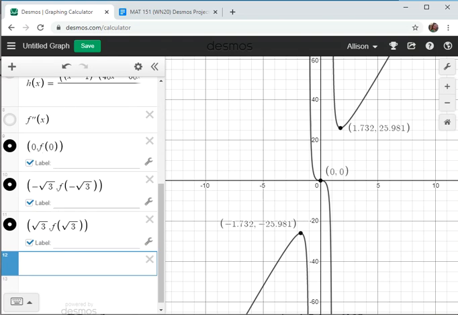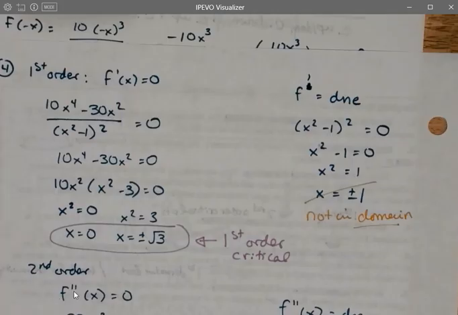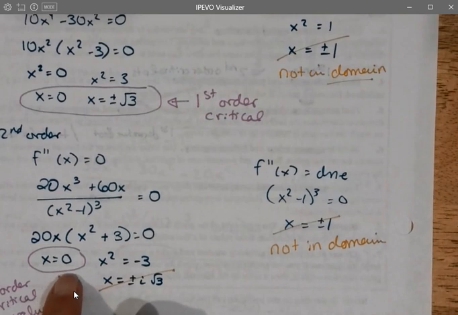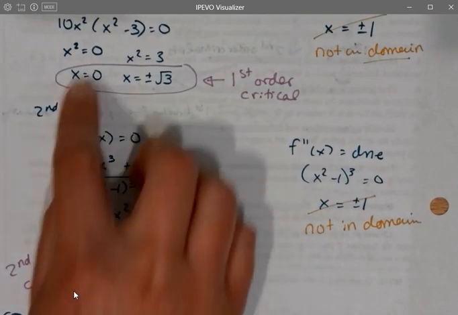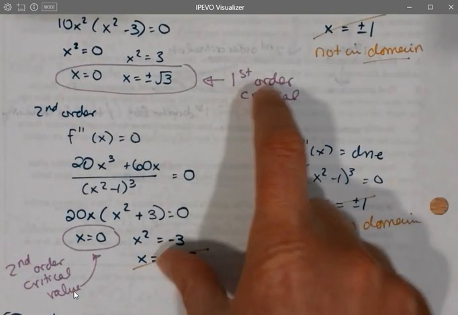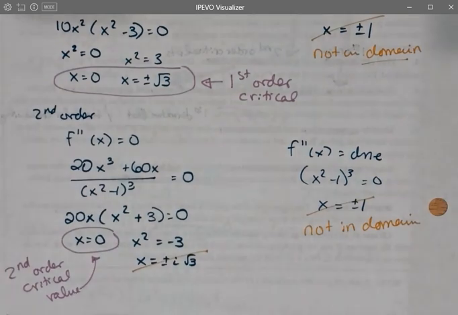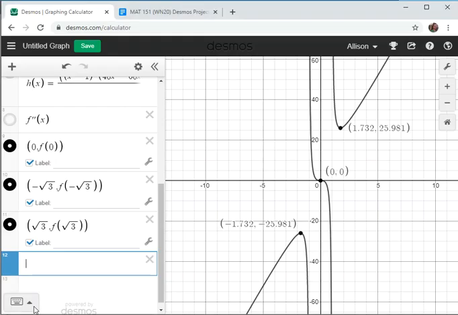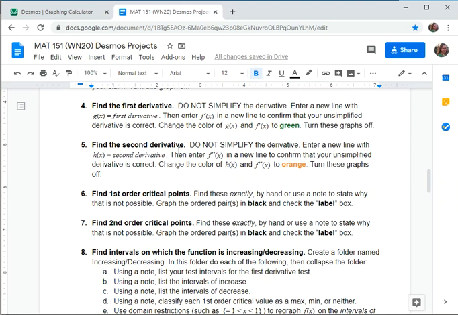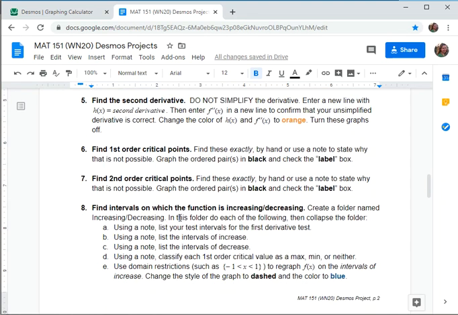So I don't have anything new to graph for my second order critical values, since I had x equals 0 again as the only second order critical value, and that ordered pair is already graphed. So I have my first and second order critical values already graphed. Okay, so that's done.